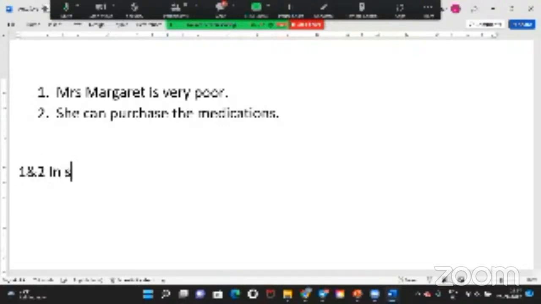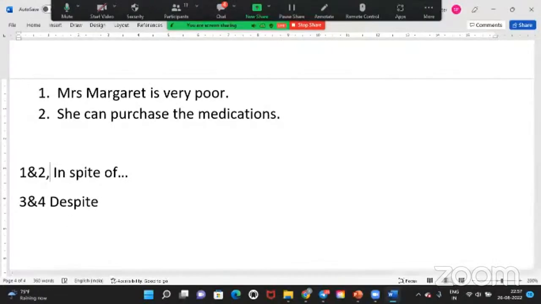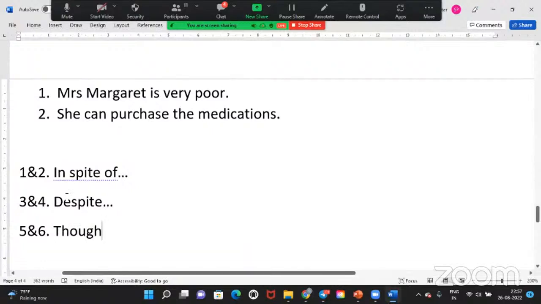Then next one, 3 and 4 with despite. 1 and 2 in spite of. Okay. 3 and 4 despite. And 5 and 6, though. 7 and 8.